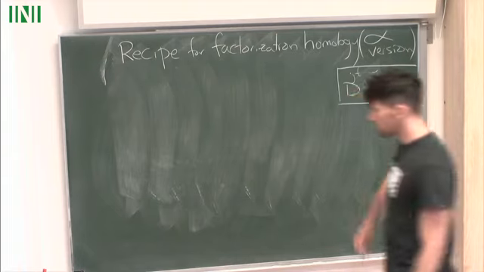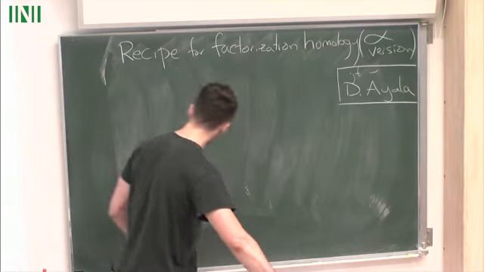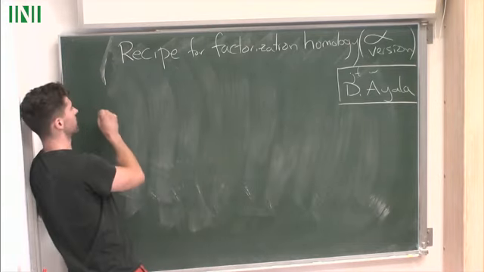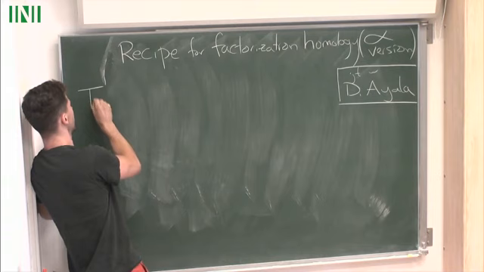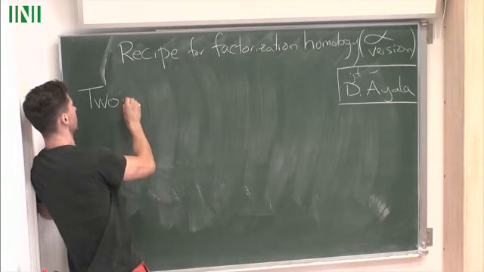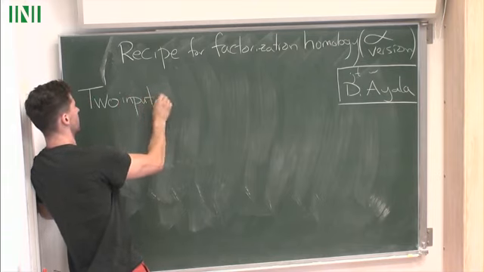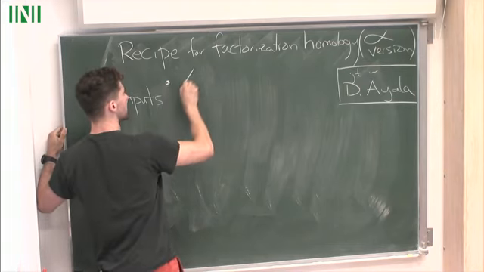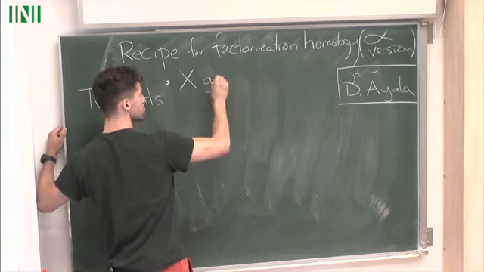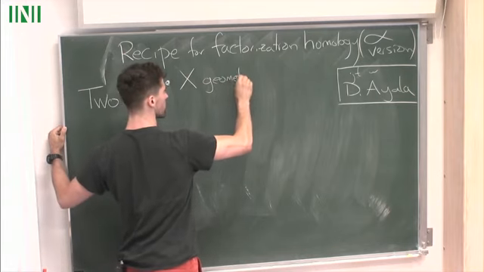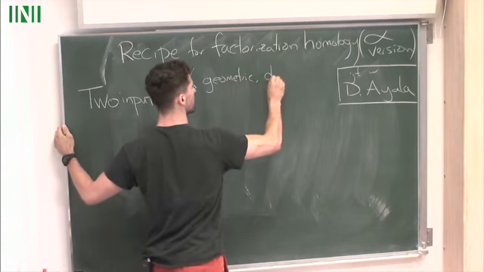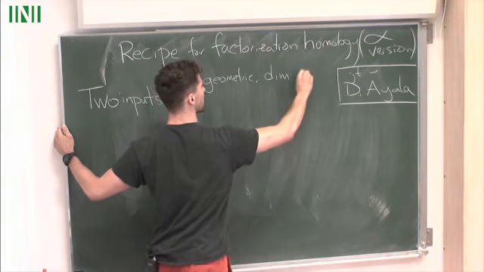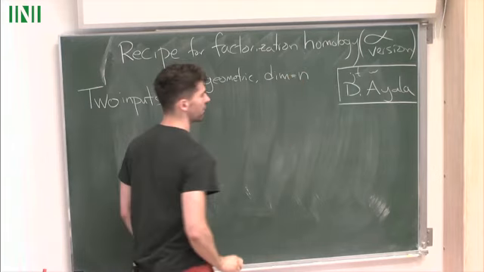So the recipe is the following. There are two inputs. One of these inputs is geometric. And the dimension will be important, and so the dimension will always be n for the rest of today.